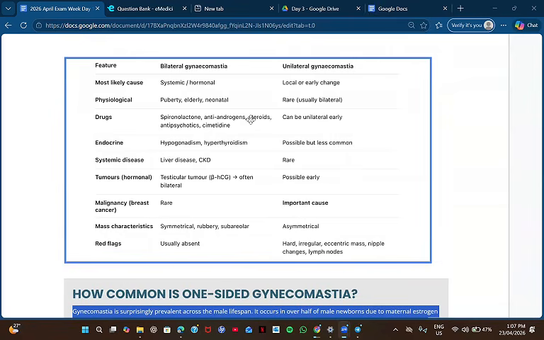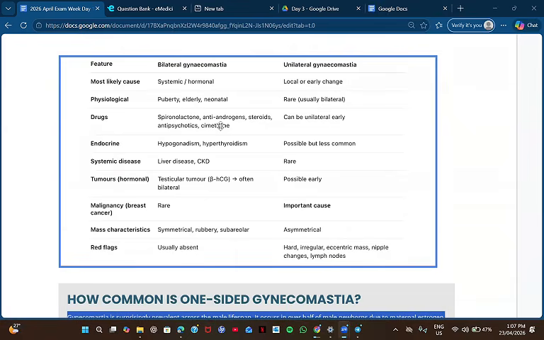So how do we differentiate bilateral gynecomastia from unilateral gynecomastia? In bilateral, the most likely cause is systemic or hormonal; in unilateral, local or early changes. Physiological gynecomastia occurs in neonatal, pubertal and elderly periods, but unilateral is rare.